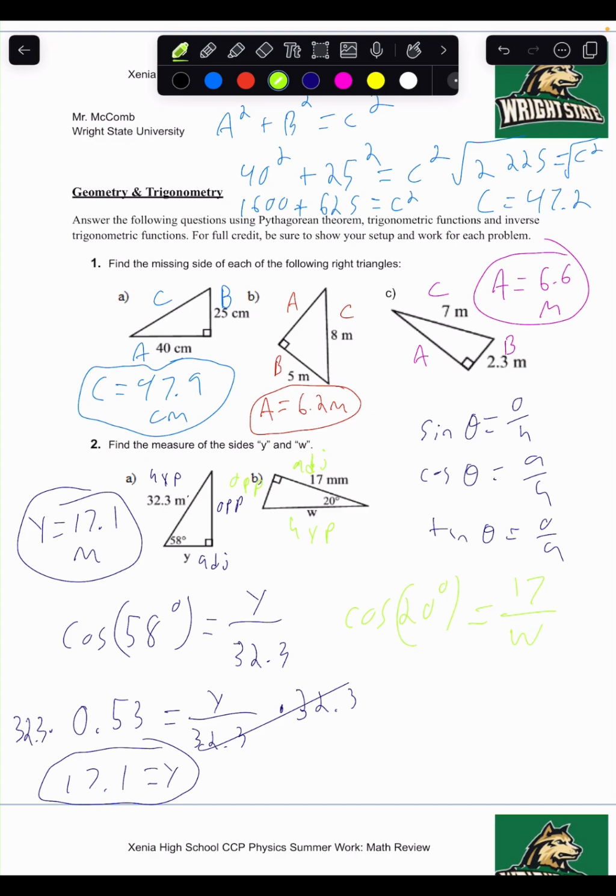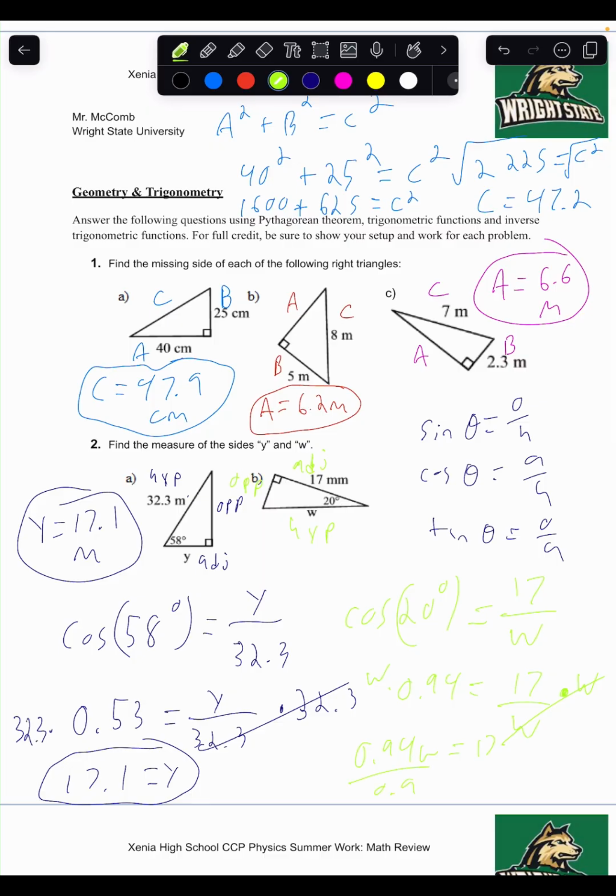Solve this similar to the last one. Cosine of 20 degrees is a number between 0 and 1 in a calculator. So cosine of 20 is 0.939, let's call it 0.94, equals 17 divided by w. We're going to solve this for w, so we want it in the numerator. Multiply both sides of this by w. That cancels here. We get 0.94 w equals 17.